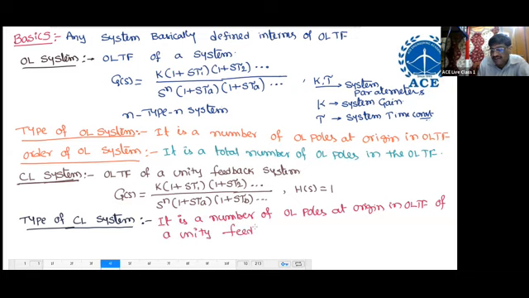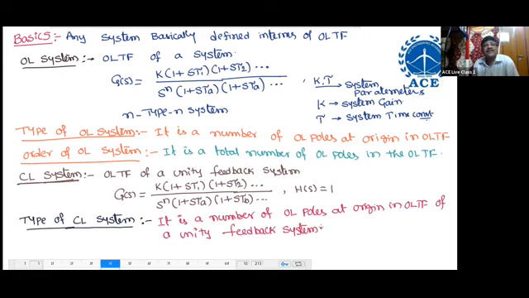Type is valid for only unity feedback. Type is not valid for non-unity feedback. If non-unity is given, again you have to convert it into unity feedback.